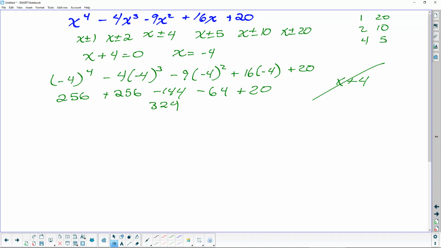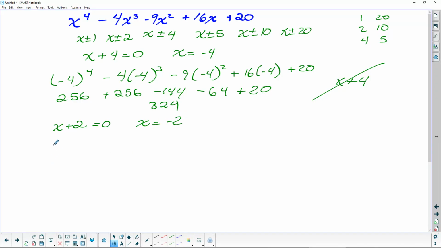All right. Who wants to try now? Positive 2. Okay, x plus 2 equals 0, so x equals negative 2.